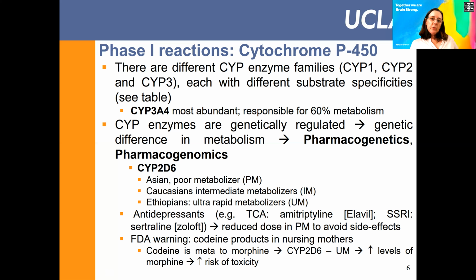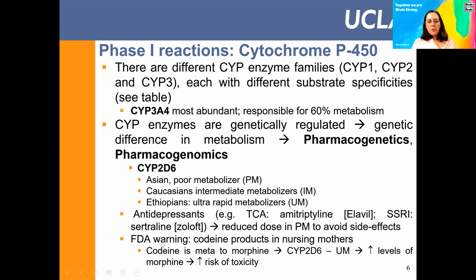But you can also have the occurrence of adverse effects because it's still longer in their system. So in poor metabolizers, maybe a reduced dose is going to be necessary in order to avoid adverse effects. And again, I will be covering this topic in class to make sure you understand it.